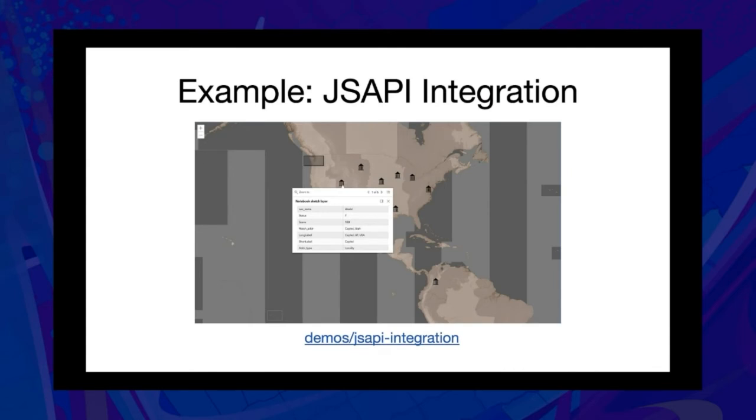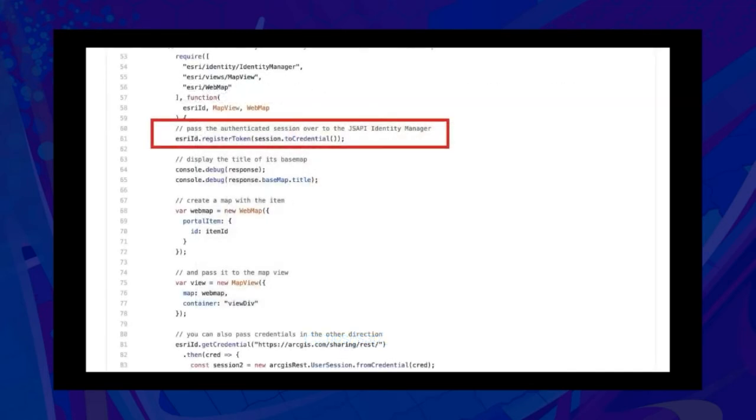We're not going to run this example, but just take a quick look at the code of how you do this. Somewhere earlier in this application's lifecycle, we have signed in with REST.js, and we have a REST.js session.